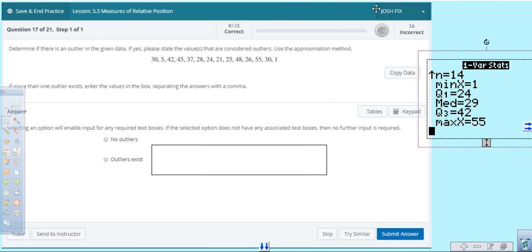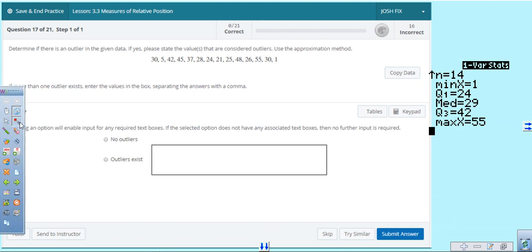Let's look at our big picture, which is like our box and whisker plot. You're not required to draw the box and whisker, but we can talk about some stuff and see what's going on here, and then we'll do a quick calculation. If we had a number line, our minimum value is 1 and our maximum value is 55. Our median is 29.